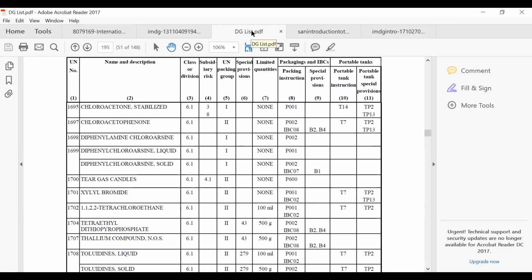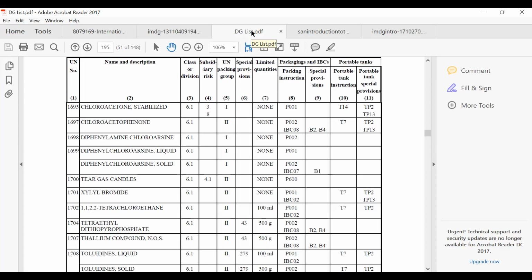Now, for every dangerous goods that we have, what makes them classified under a particular class of the IMDG is their quality, the characteristics that they exhibit, but more so the hazard that they present to human beings, to the marine environment, and to marine properties. Are you following?